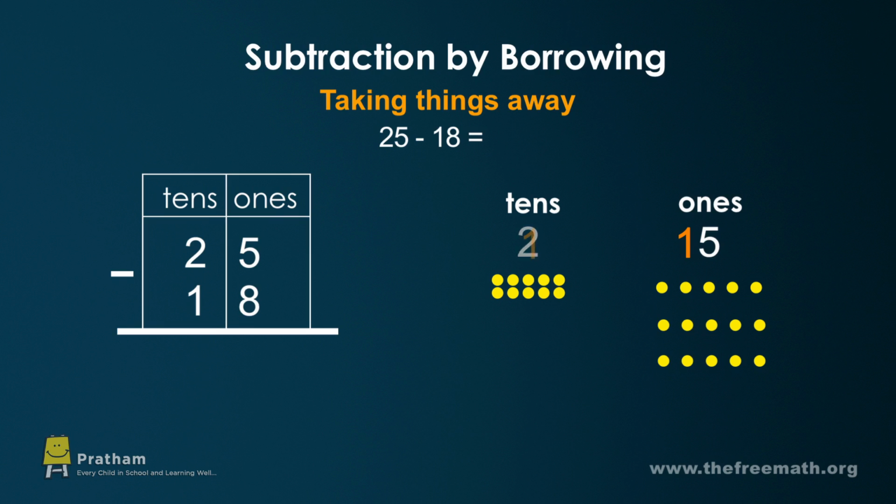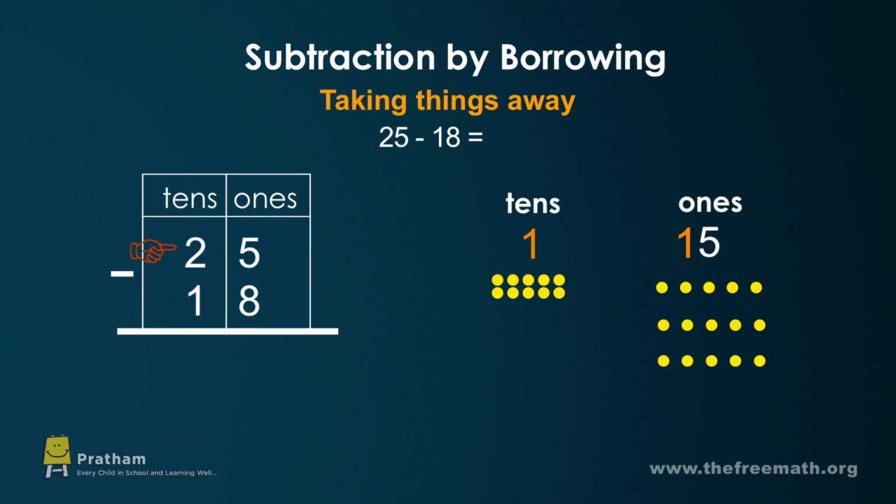And in the tens column, now you have only one group of tens, because another group is gone now. That's why you have 1 ten. And in the ones column, you have 15 dots.